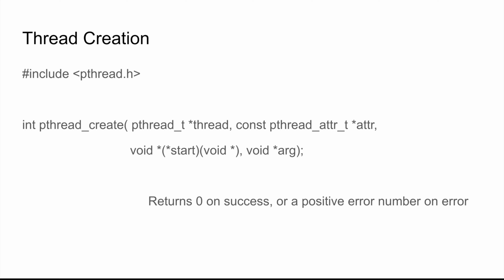The pthread create API returns 0 on success and a positive number which can indicate the error condition if the pthread create API fails. We'll see an example program where we'll create two separate threads within a process and make them do two separate tasks parallelly.